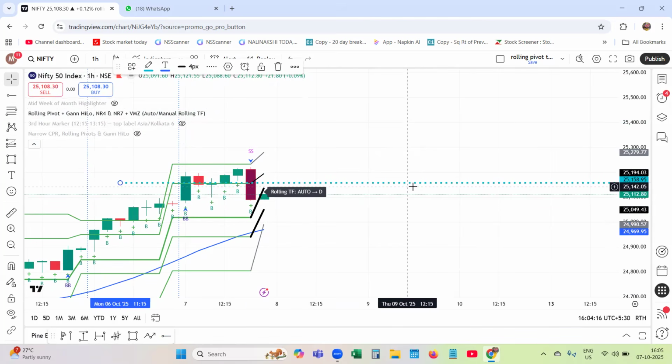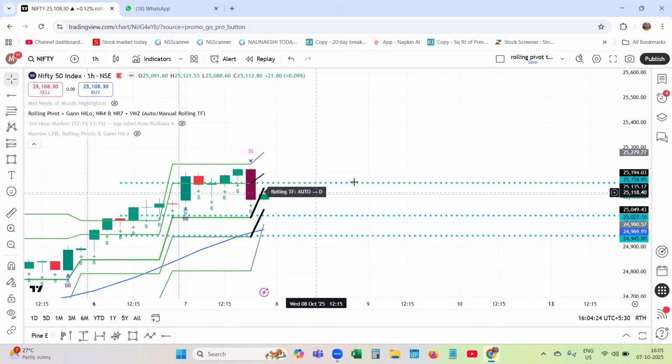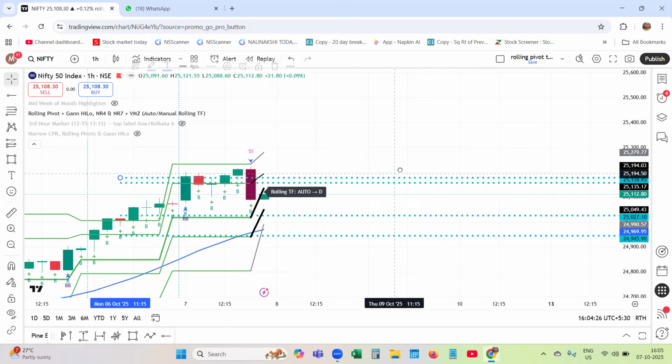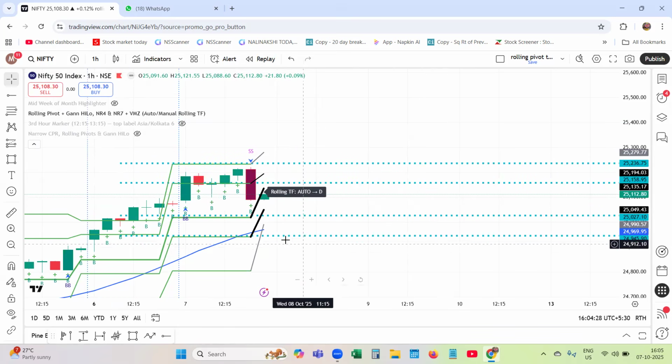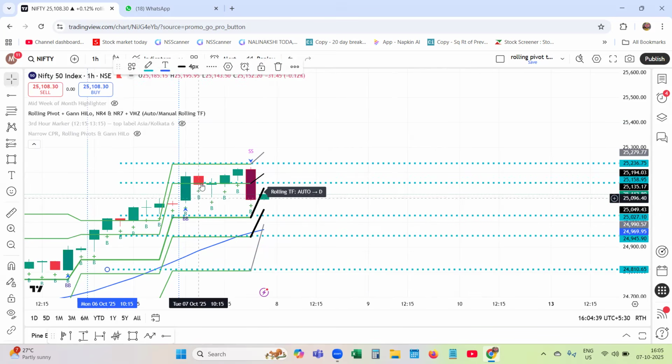I'm going to mark these levels as support and resistance for tomorrow. The price is above the Gann HiLo, so there is no question of a negative trade unless price starts moving below this level. These are the S1 level. Let me mark the S2 level. In this cluster, these are my reference points for tomorrow.